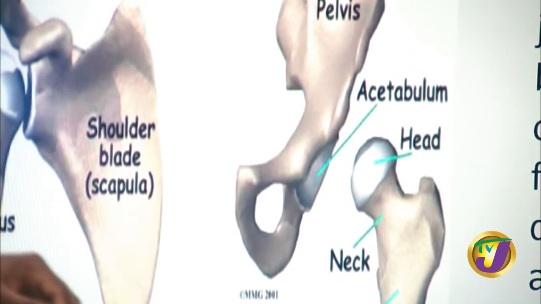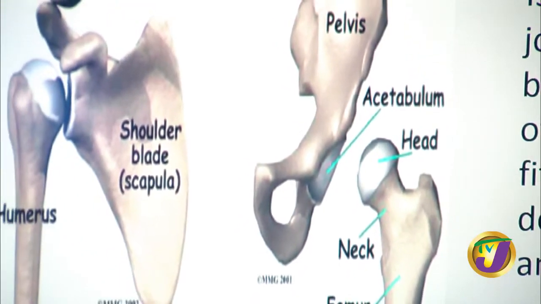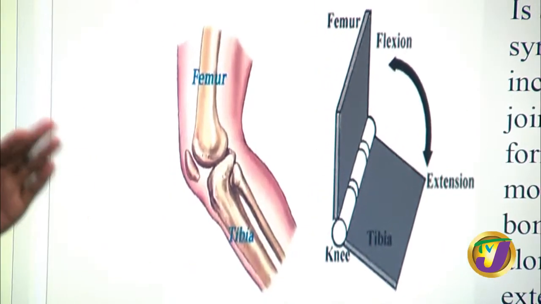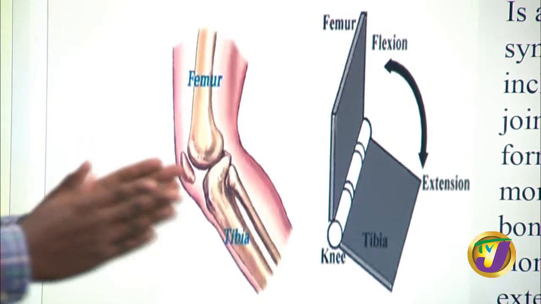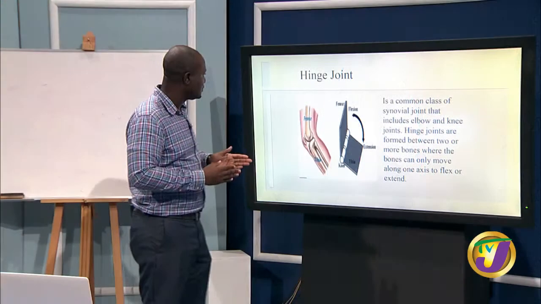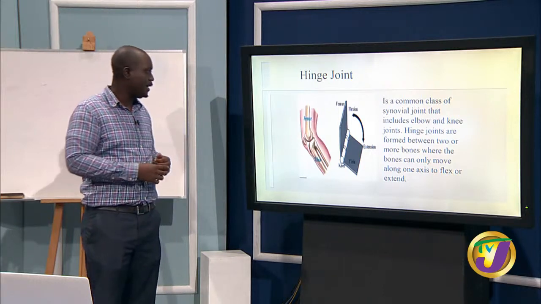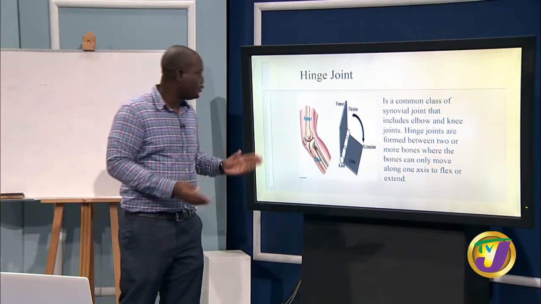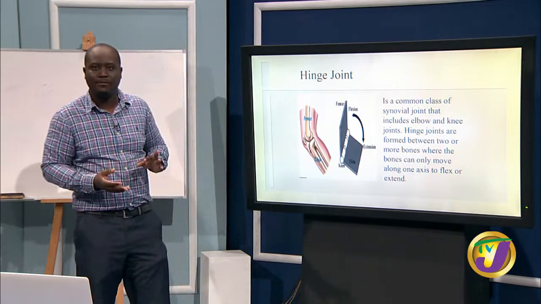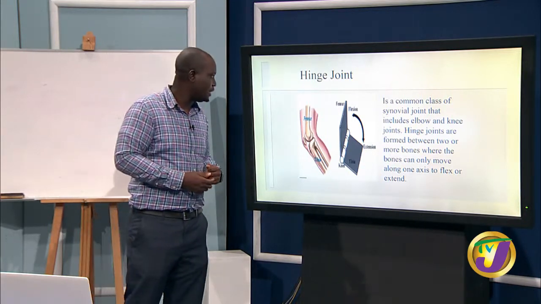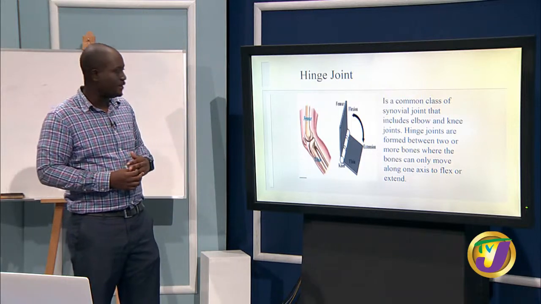The disadvantage, however, is that it dislocates very easily. The hinge joint is like hinges on a door, so it only gets movement in one plane. These are found at the knee and the elbow. The advantage is that they allow you to lift weights without dislocating easily.